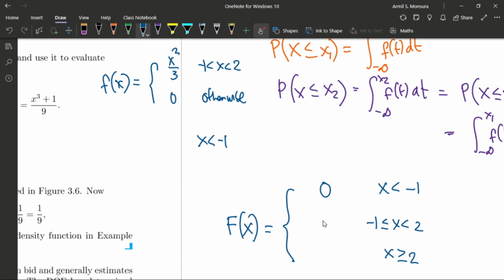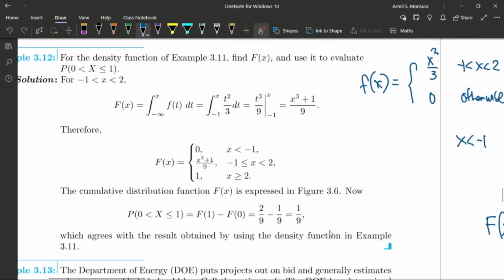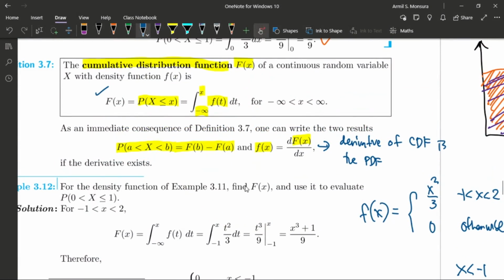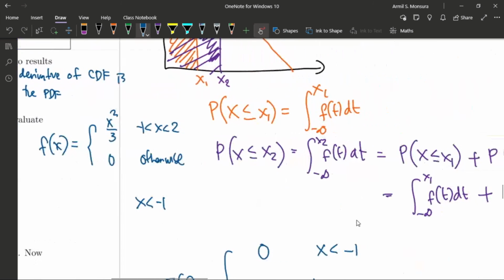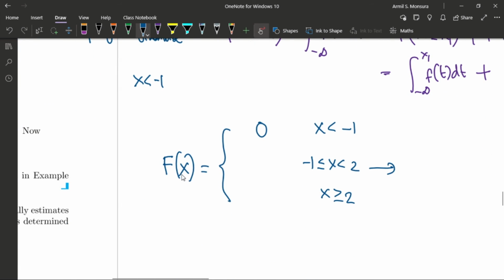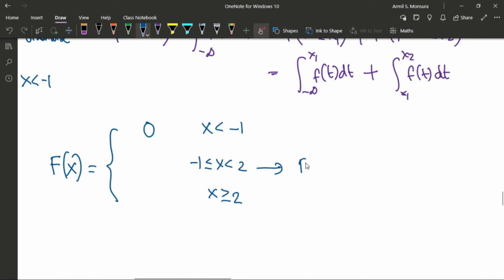Now, for x greater than equal to -1 and less than 2, we will now use yung definition ng PDF. So we will now compute f of x, which is now equal to the probability that your x is less than 2.